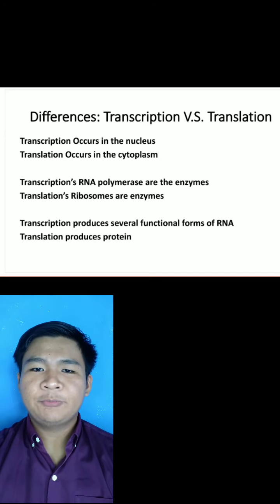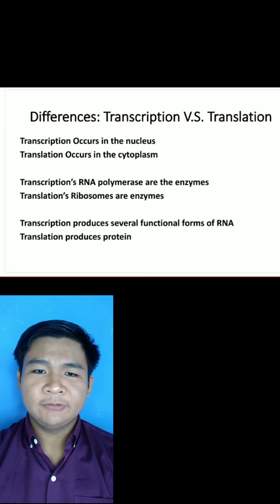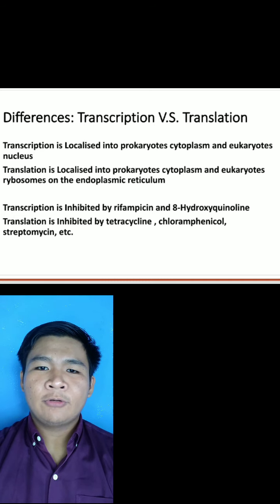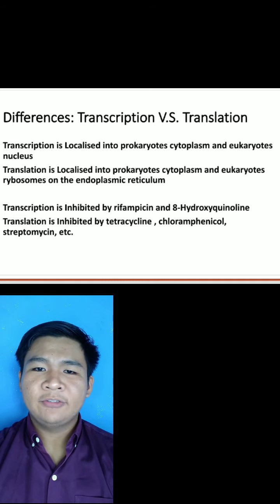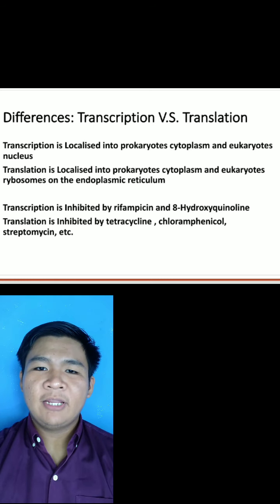Next, transcription produces several functional forms of RNA, while translation produces protein. Next, transcription is localized in the prokaryote cytoplasm and eukaryote nucleus, while translation is localized in the prokaryote cytoplasm and eukaryote ribosomes on the endoplasmic reticulum.